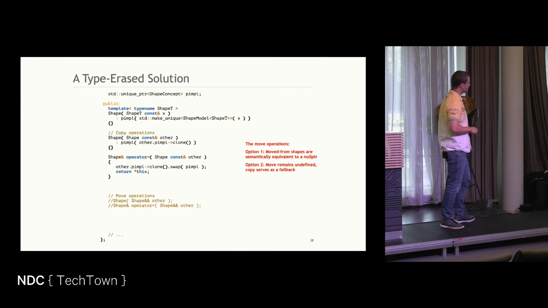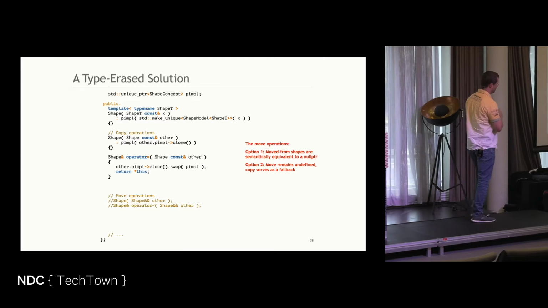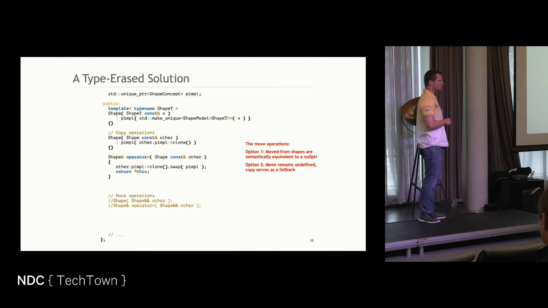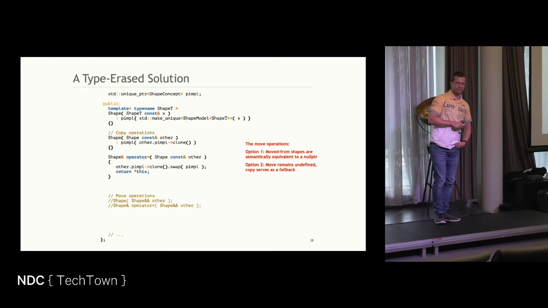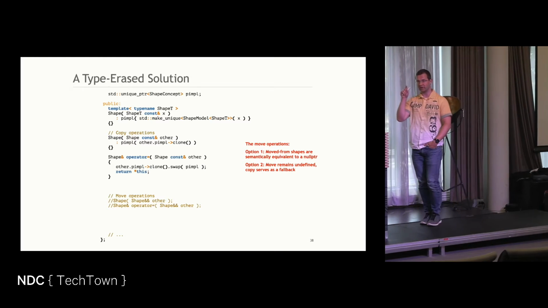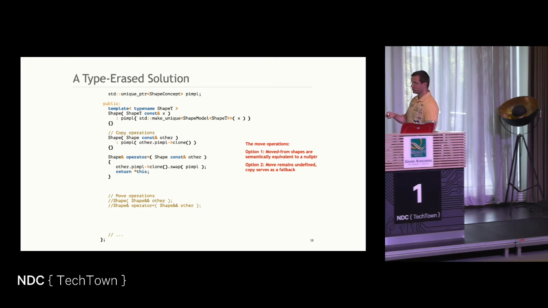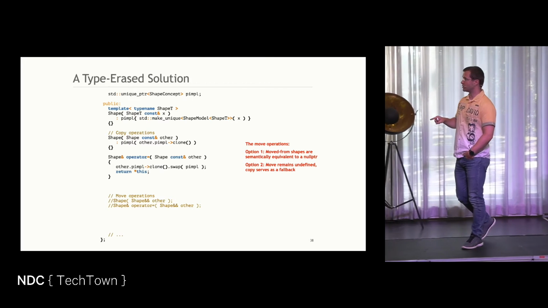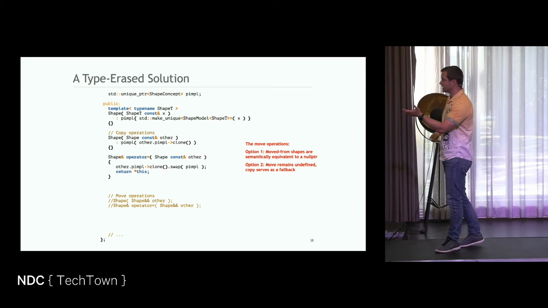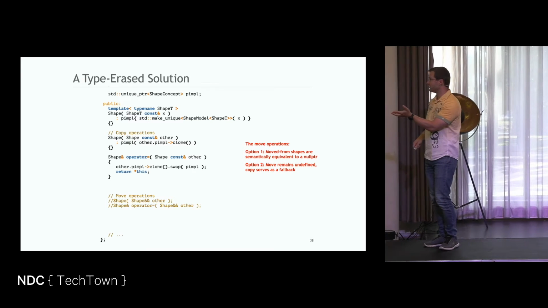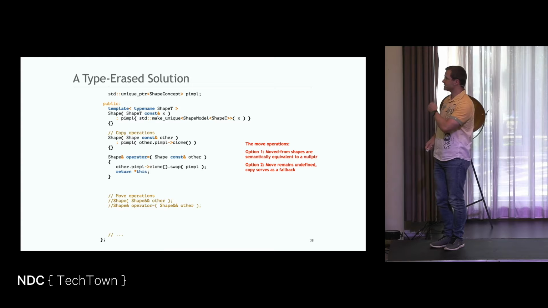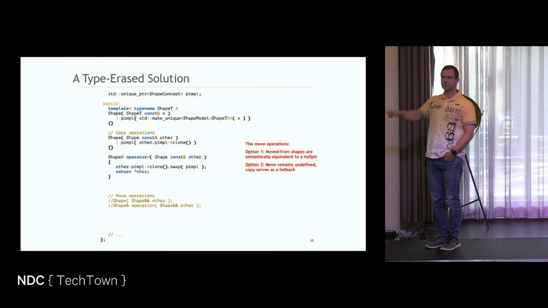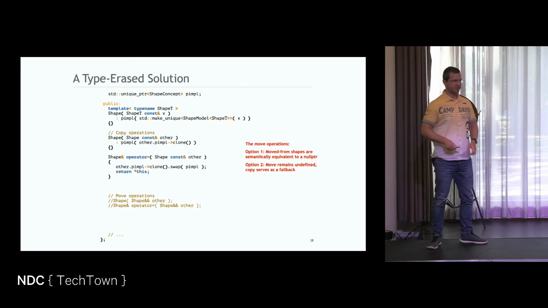Option 2, however, is that you do not define these two move operations. You actually do not touch them at all, which means these operations are totally gone. You do not have move, and the natural fallback is copy. So if all the shapes should always contain a value, if there is no null shape, for instance, then this is the right thing to do. Do not delete them, because then move would be an operation that triggers a compilation error.